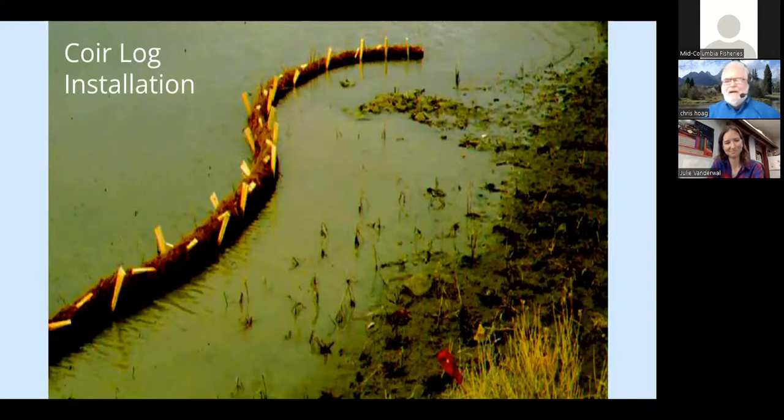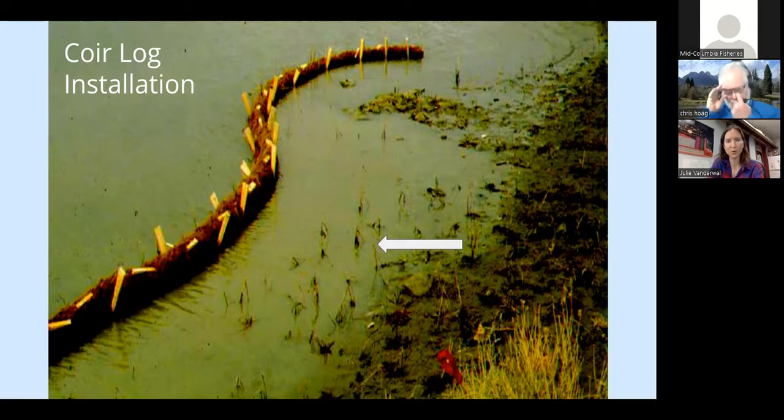And then after that, we went in and planted small wetland plant plugs into the bank. And because the coir log was able to attenuate the wave action, it allowed a little bit of sediment to deposit, but it also allowed protection for the plants to get growing and continue to grow and protect the bank more.